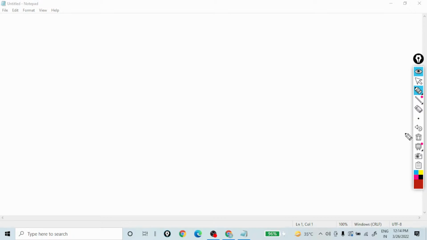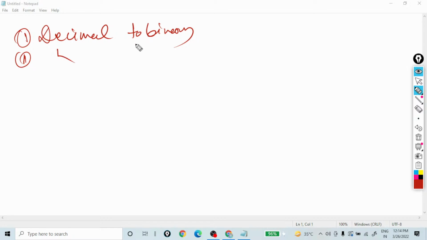That is conversion from decimal to binary. Here we will study conversion from decimal to binary, then decimal to octal, right? Then decimal to hexadecimal.